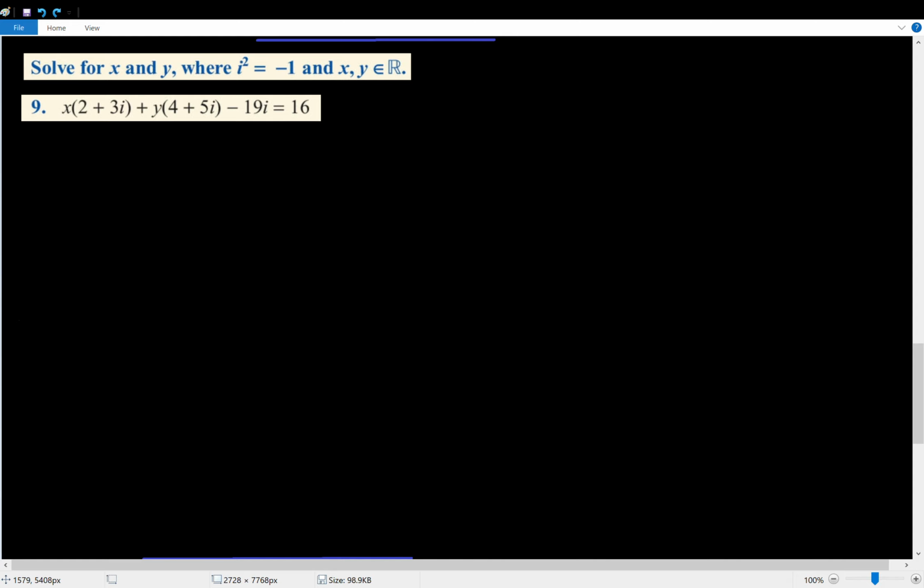So we're going to need to multiply the brackets on the left in order to tidy this up a bit. So we're going to get 2x plus 3xi plus 4y plus 5yi minus 19i is equal to 16, like that.